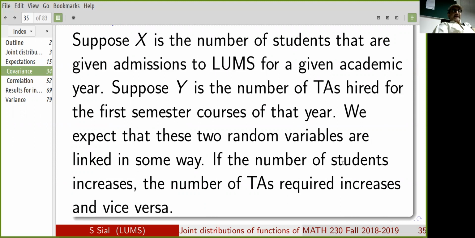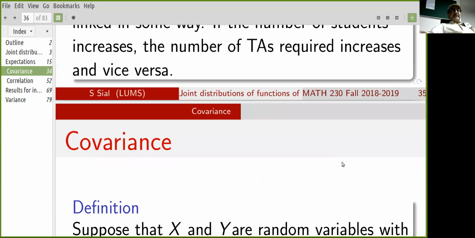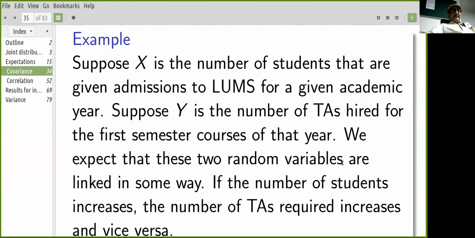Y is the number of TAs hired for the first semester courses. Now these things should be linked in some way. If we admit more students, then we should hire more TAs. If we admit fewer students, we would hire fewer TAs. So we want to know how these go together.